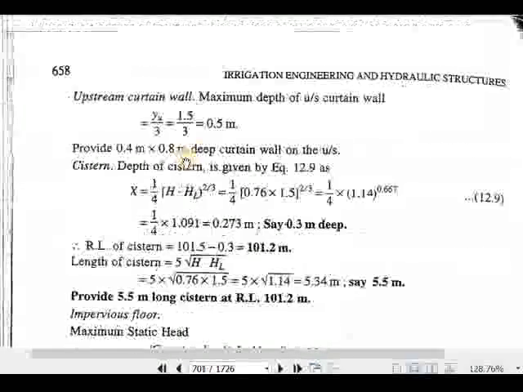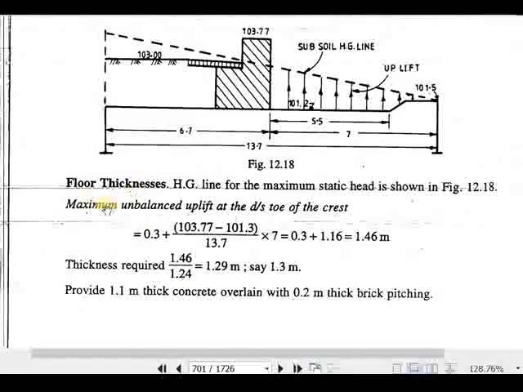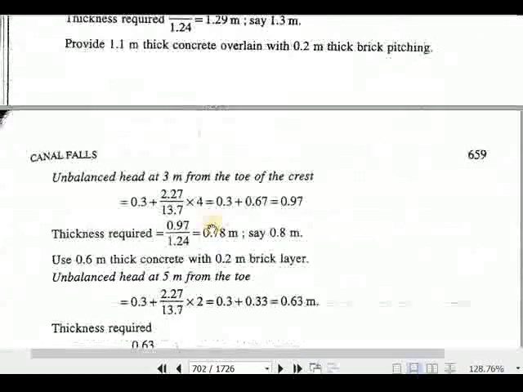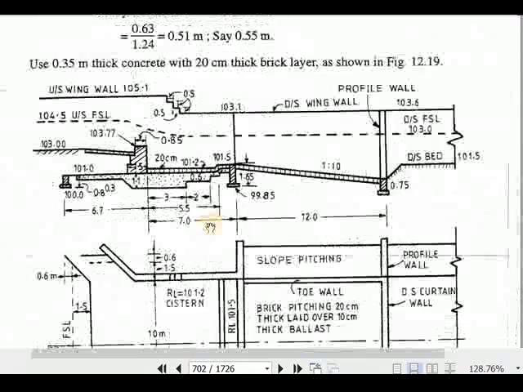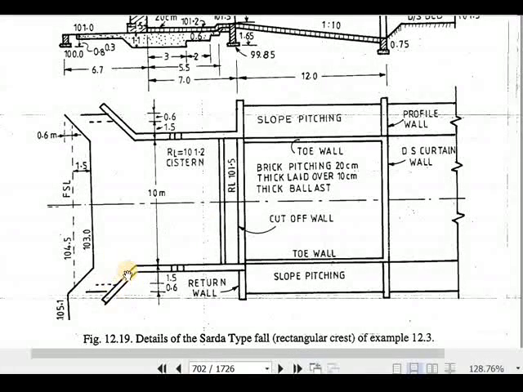So the remaining numerical you have to do by yourself, what should be the floor thickness, what should be the unbalanced uplift, the force of seepage. So that is the final shape. That is the framing. These are the wings.